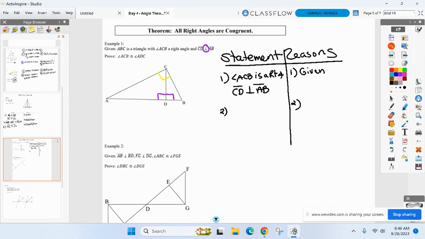How many right angles do I have right now? One. You marked the other on your diagram, but I want it written in here before you say they're congruent. I already have ACB. Now you need to tell me ADC is a right angle, which we know is true, but I need to put it in the statements. So next, angle ADC is a right angle.